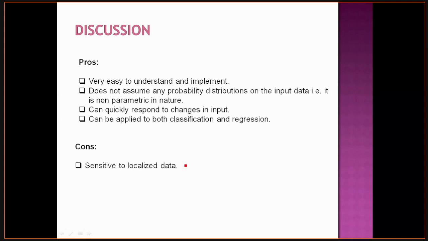Cons: it's very sensitive to localized data, as I was telling, because there's a name for it actually, it's called rote learning. It's trying to learn the training data, the nature of the training data, by heart. And based on that, it is trying to predict the label of the test data, right? So it's very sensitive to the data, to the immediate neighbors.